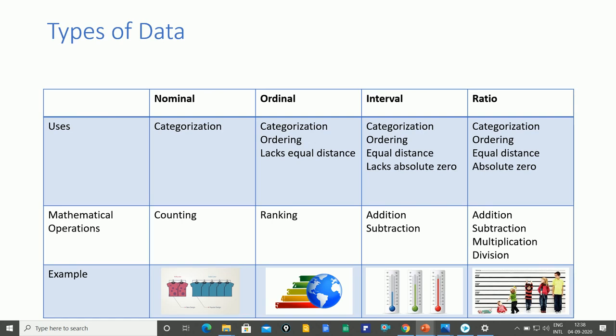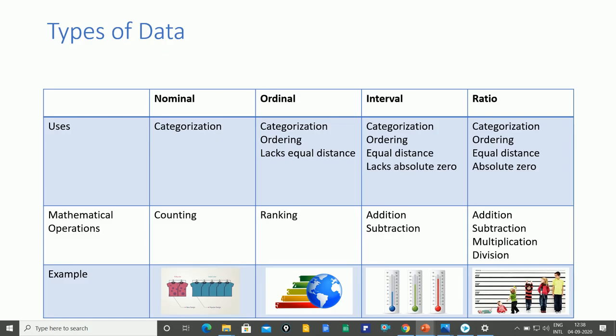Ordinal data, apart from having the properties of the nominal data, that means categorizing objects, can be used for ordering. So it has got a specific order. But the disadvantage is that ordinal data lacks equal distance. So here the distance may not be equal.